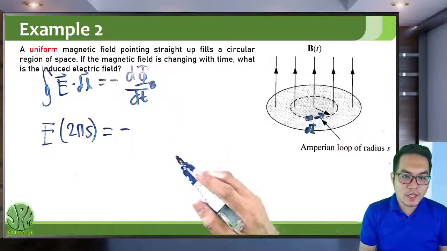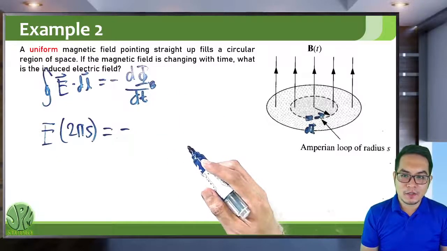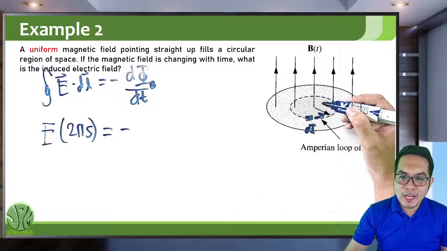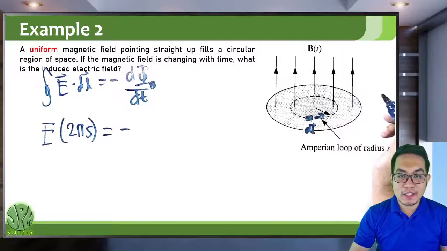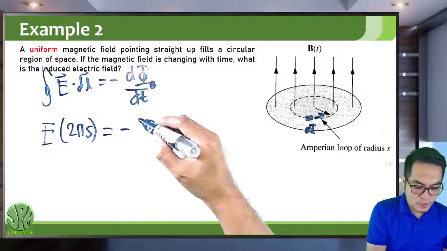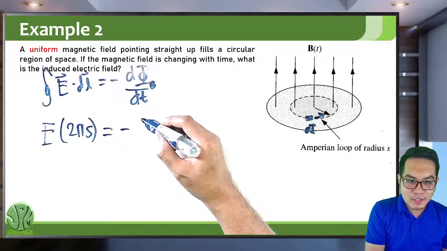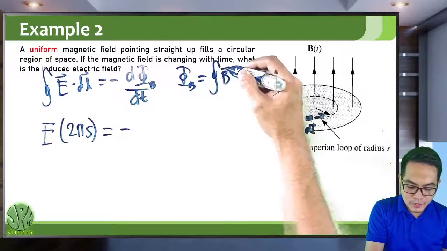And then the flux is just magnetic field times the area. We will assume that the area of the loop is in the same direction as the magnetic field. Take note, magnetic flux is the integral of B dot dA, not a closed integral.